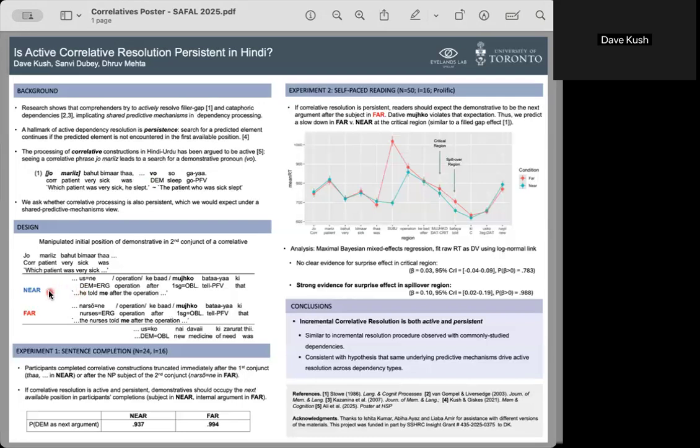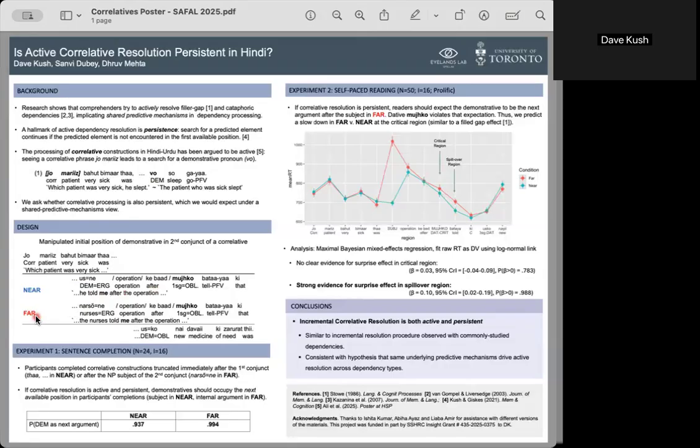In the near condition, the demonstrative phrase, in this case, usne, showed up at the start of the matrix clause in matrix subject position. So the expectation for a demonstrative is discharged quickly in that position. We would expect that after seeing this demonstrative, participants should not continue to look for a demonstrative later in the sentence because the requirement has been satisfied.